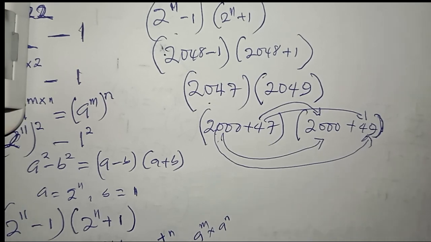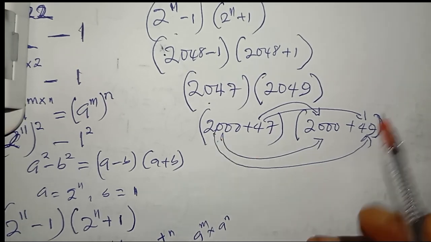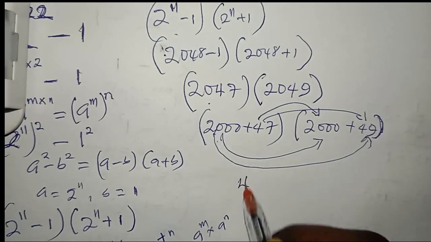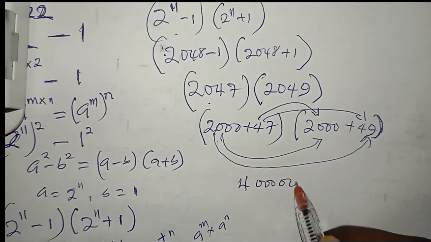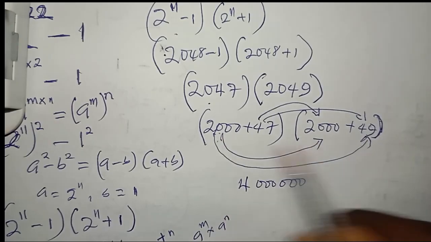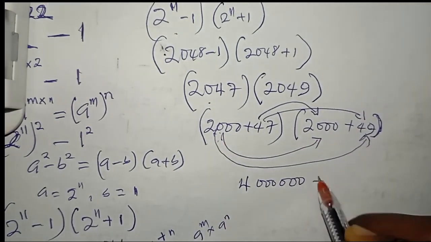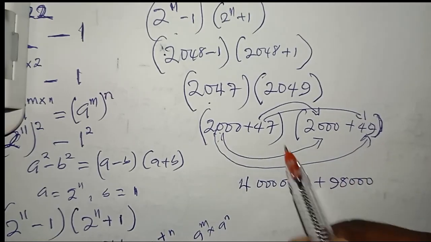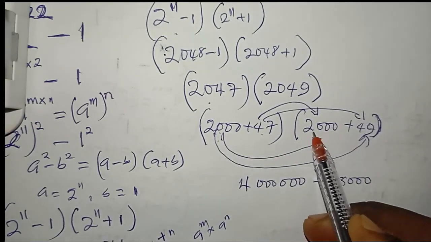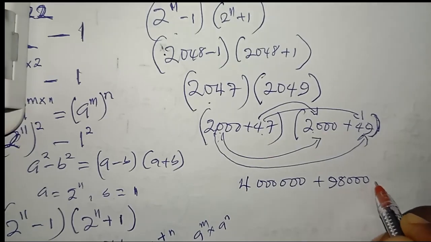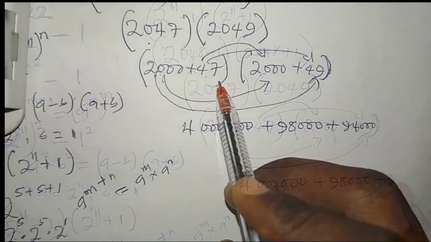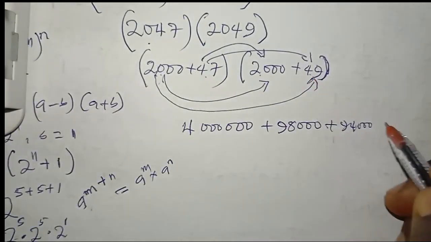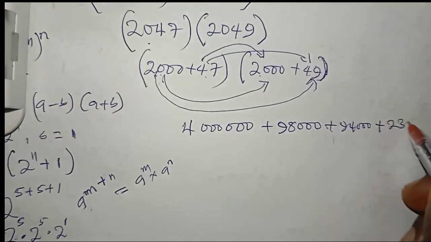If I do the multiplications, 2000 times 2000 will give us 4 million. 2000 times 49 will give us 98,000. 47 times 2000 will give us 94,000. And then 47 times 49 will be equal to 2303.